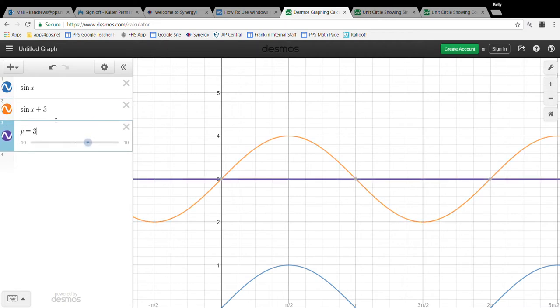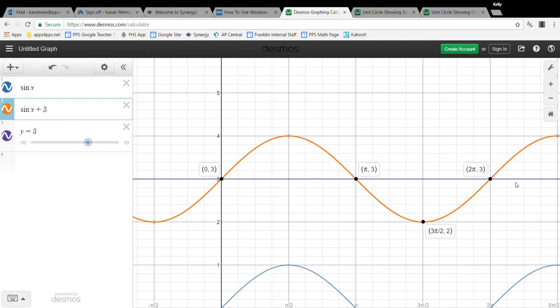And specifically, the k that moved our vertex and whatever else when we were dealing with parent graph transformations, that moved it up and down, the k is specifically your midline. So it's important to draw that in anytime you have that transformation. It makes the whole thing easier to do, because with that sine graph, remember, you start at your midline, go up 1, back to your midline, down 1, and back to your midline.